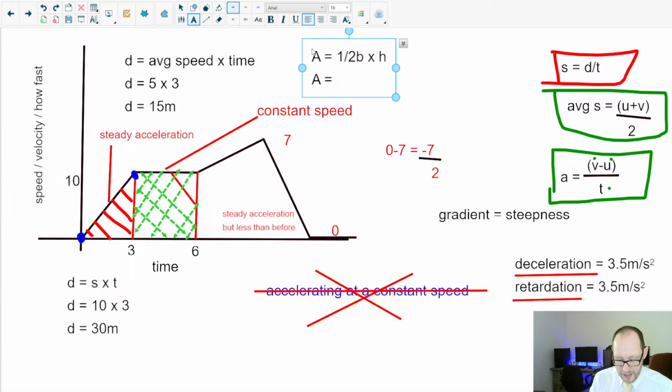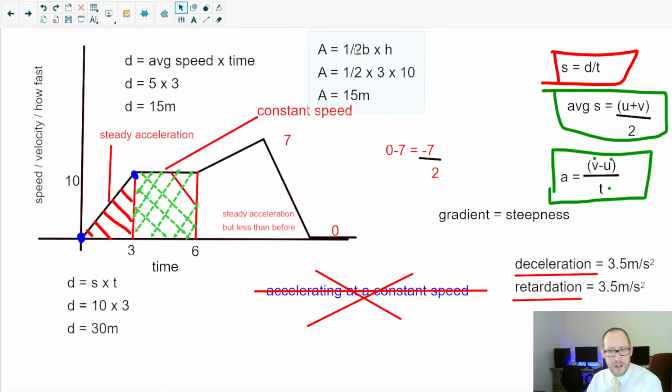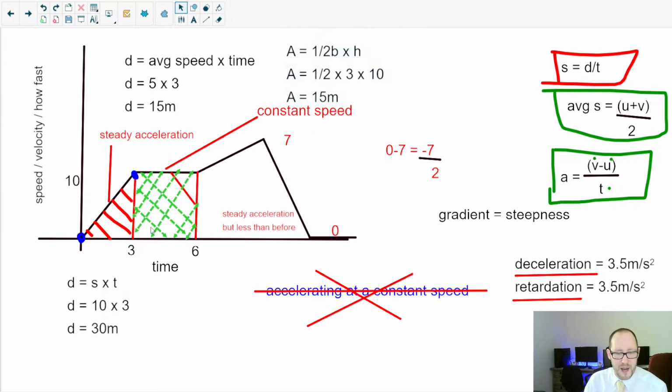So that would be a half multiplied by the base of the triangle, which is 3 across here, multiplied by its height, which is 10, which is 15 meters again. Isn't that cool?